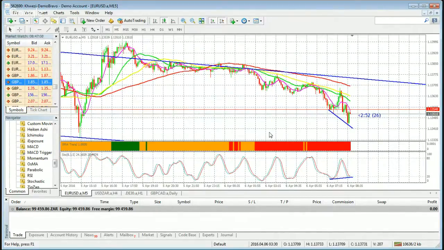Still got to be a small little while before we're going to get that confirmation. I need to close above the 8 moving average before I can really jump in and do anything.